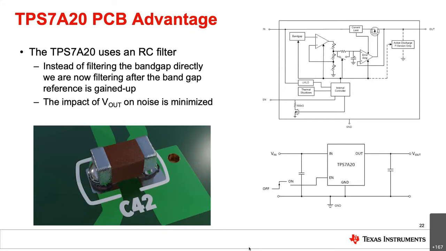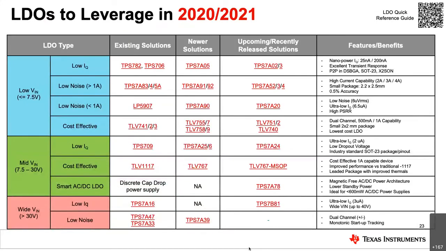Now that we've briefly gone in depth about some of our new products, I wanted to share with you some of our other LDO products that can be leveraged now and in the future.